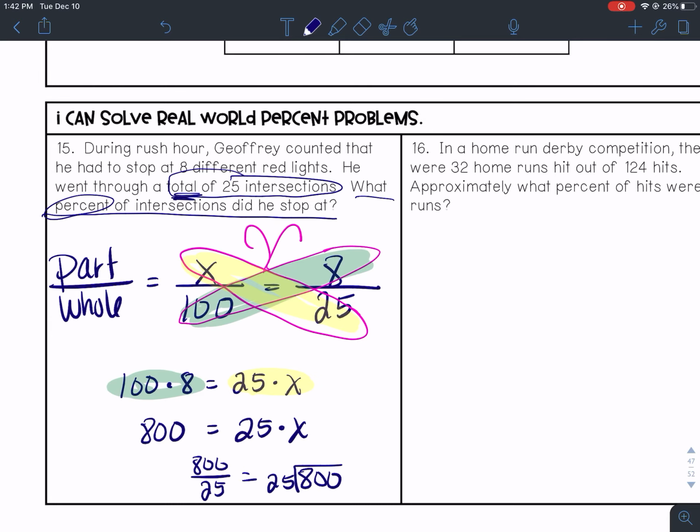Well, I know it'll go 3 times, because that's 75. That gives me a 5 and a 0. 25 goes into 50 2 times. So x equals 32. So to answer my question, 32%.